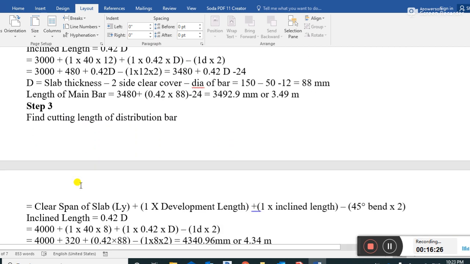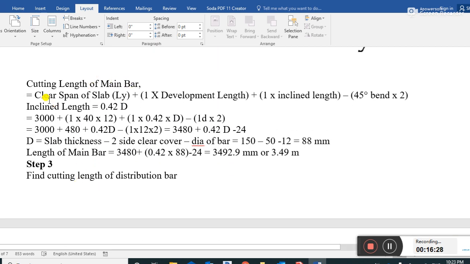Guys, cutting length of main bars is clear span of slab Ly plus 1 development length plus 1 inclined length minus 45 degree bend into 2. Inclined length is 0.42d: 3000 plus 1 into 40 into 12 plus 1 into 0.42 into d minus 1d plus d. Guys, 3000 plus 480, putting the values.